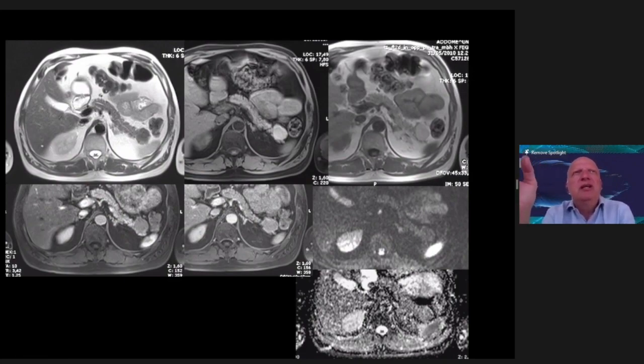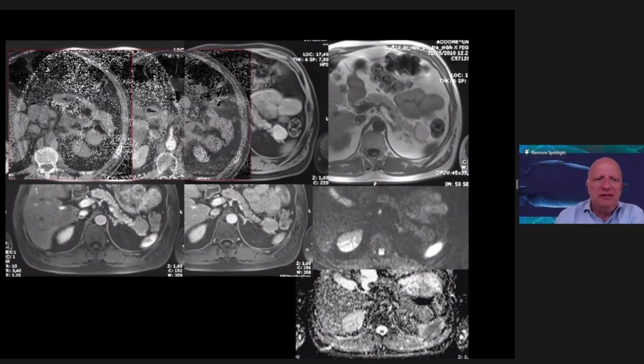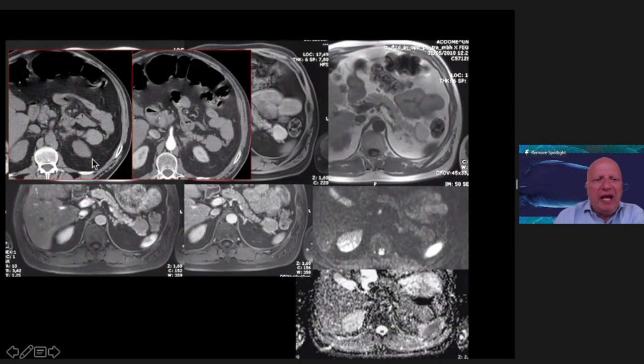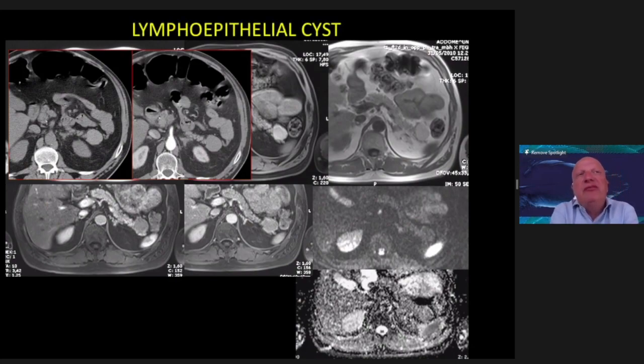Whenever you see it, you can then recognize all the others. So at CT they appear hyperdense on unenhanced CT and do not enhance after contrast media. This is another typical feature, and all these features lead to the diagnosis of a lymphoepithelial cyst.